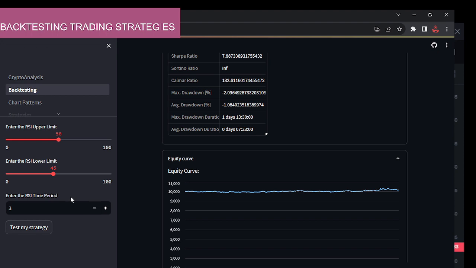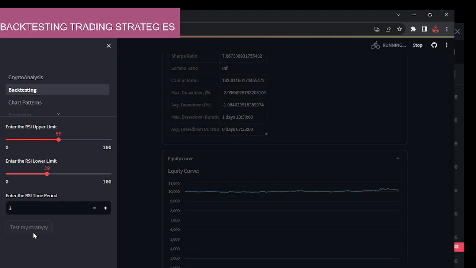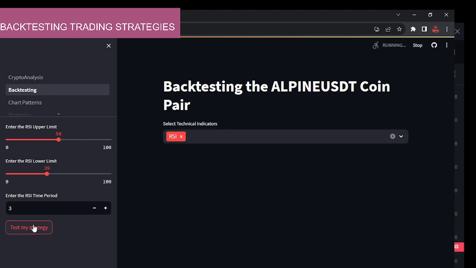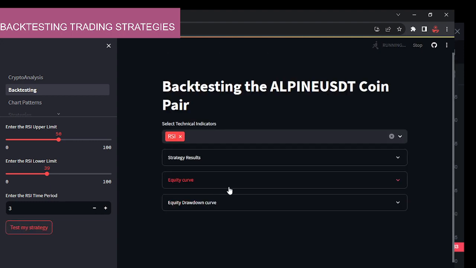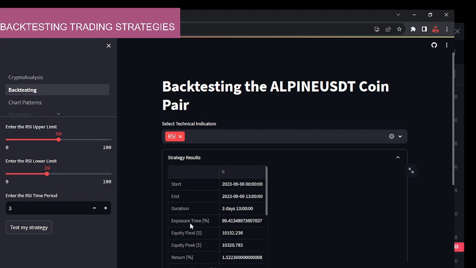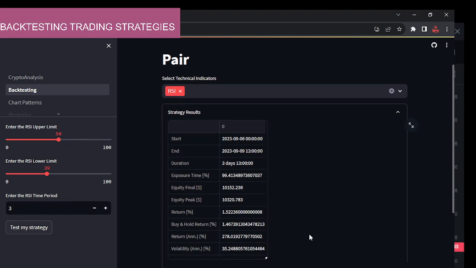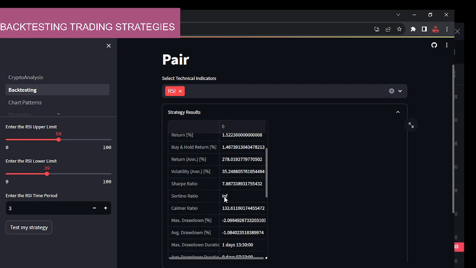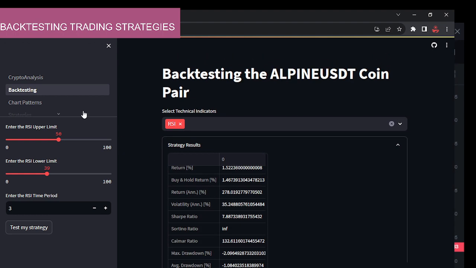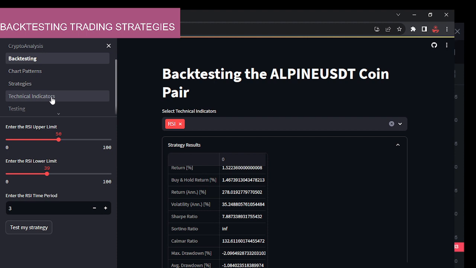So let me just change maybe the lower limit. Let me just work with 39 in this case. So depending on how you change it, you can get the performance of your strategy. You can also work with the standard deviation that I mentioned earlier.